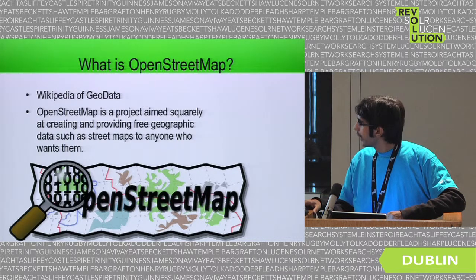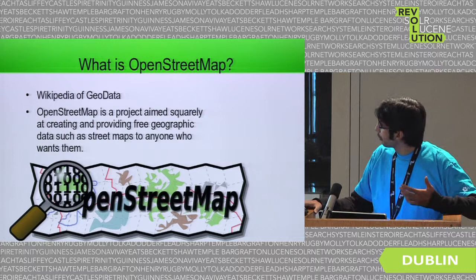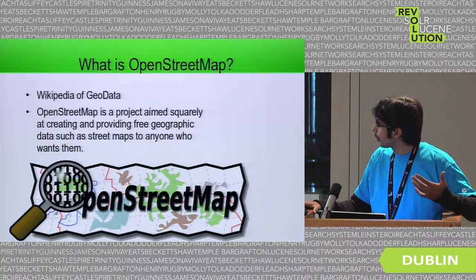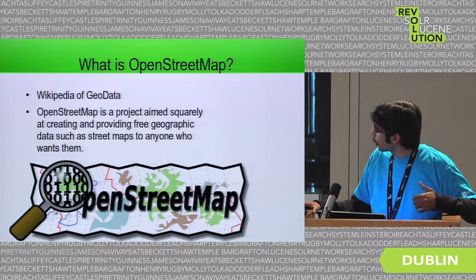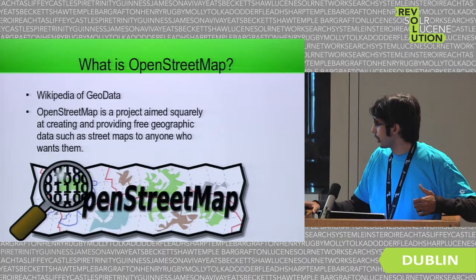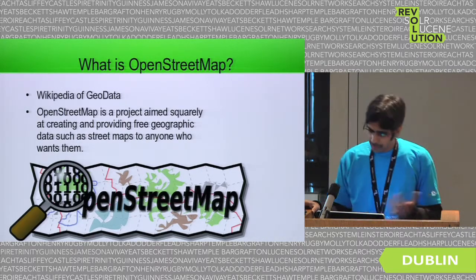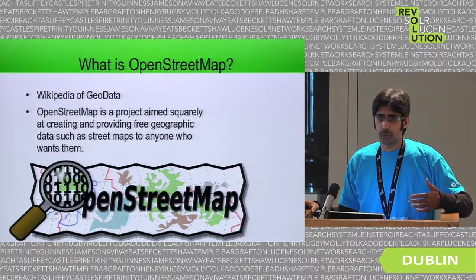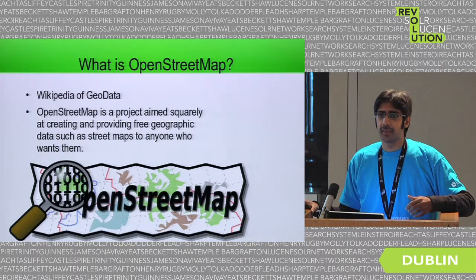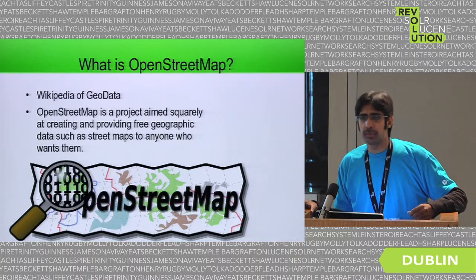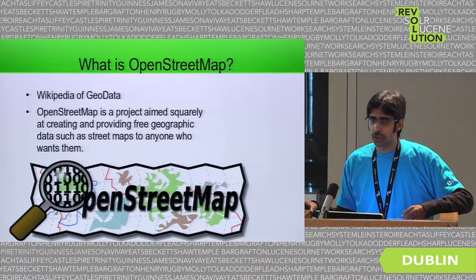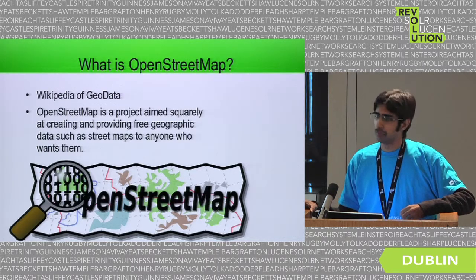So OpenStreetMap is a project aimed squarely at creating and providing free geographical data, such as street maps, to anybody who wants them. And anybody is a pretty loose term, which means that anybody can use them for whatever purposes they want, commercial or non-commercial, do whatever you want.